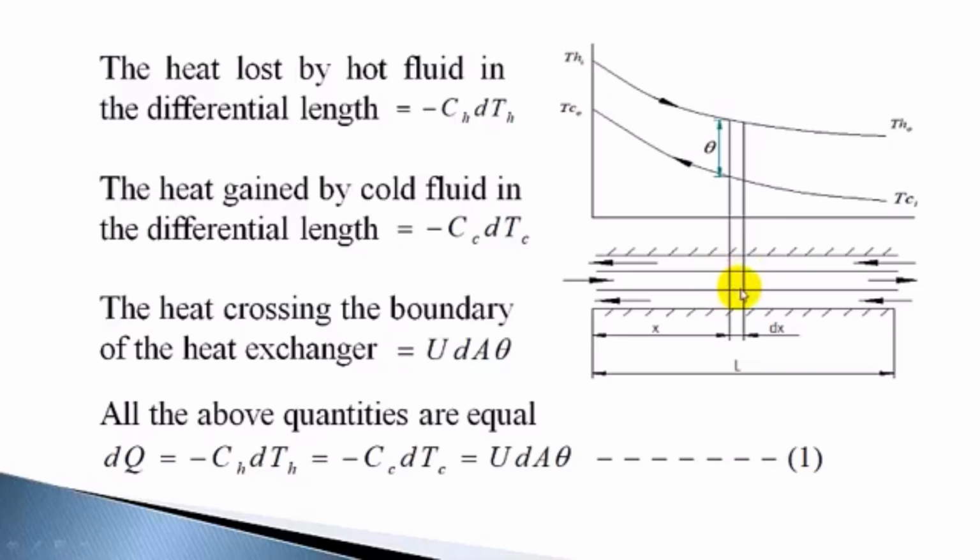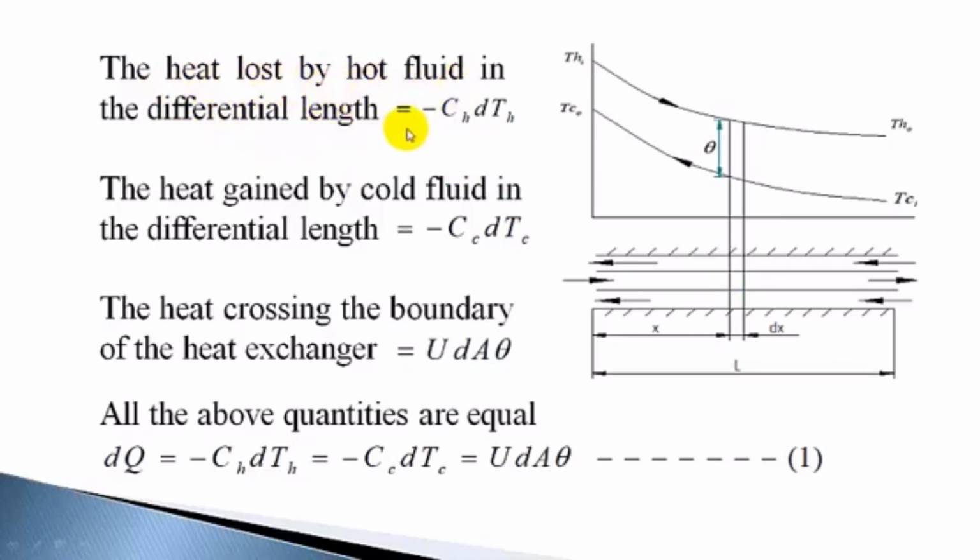So in this differential length, the differential quantity of heat lost by hot fluid is equal to the differential quantity of heat gained by cold fluid, and that same heat transfer has to cross the boundary of the pipe. So we can equate all the three quantities. We will separately write down those quantities.